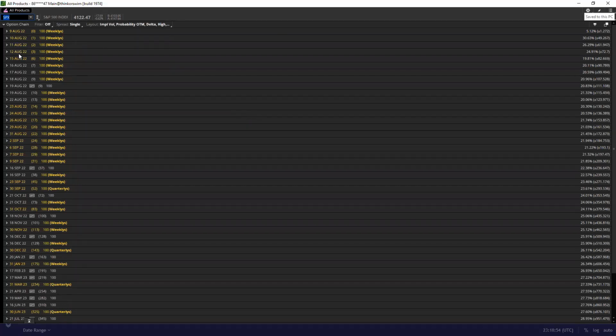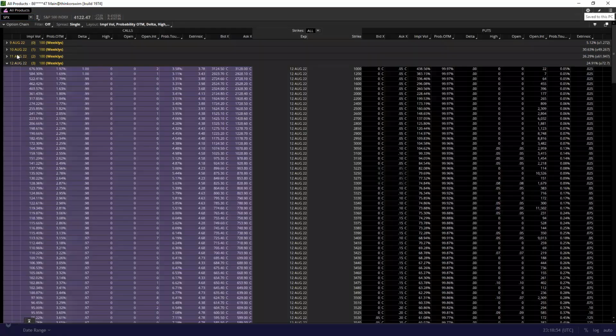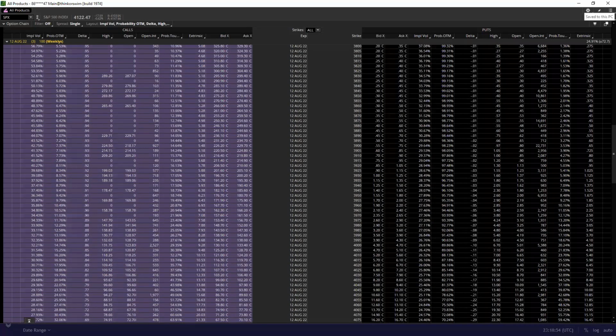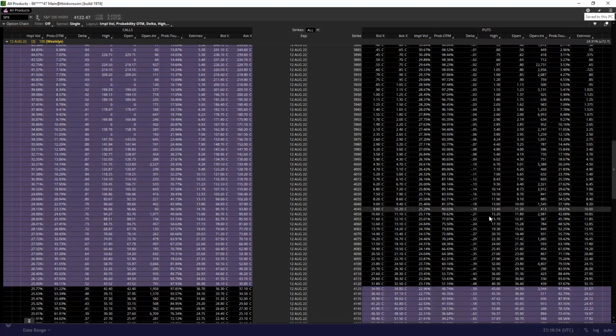Friday is August 12th, right? So we're going to look at the August 12th expiration, and we want to know the probability of the S&P coming down and trading, in other words, price touching the 4,100 level. We can do that by analyzing the options chain and using a statistic called probability of touch.